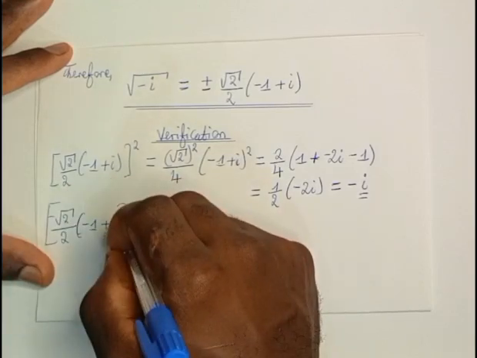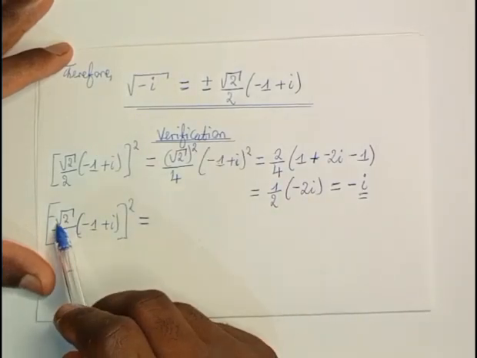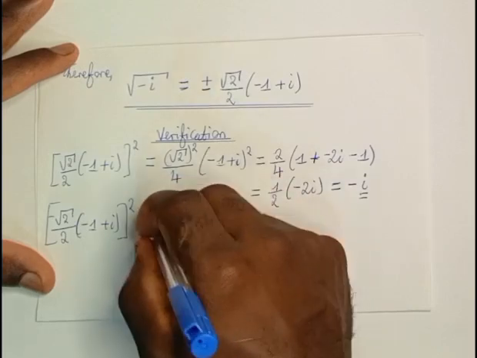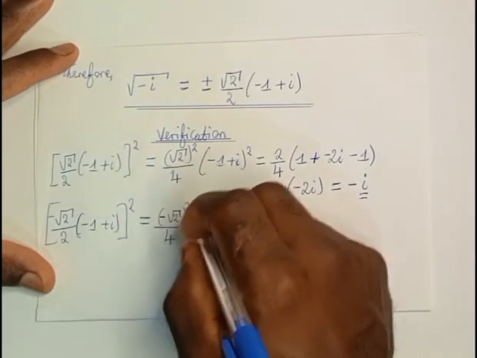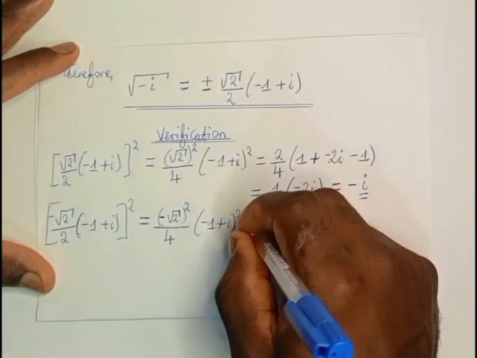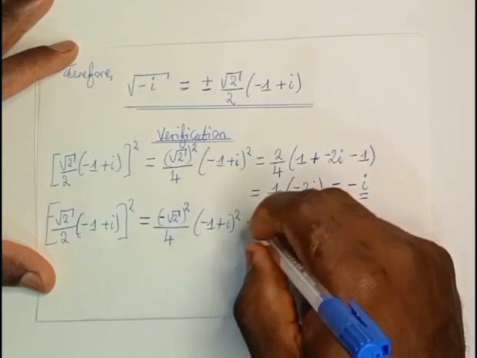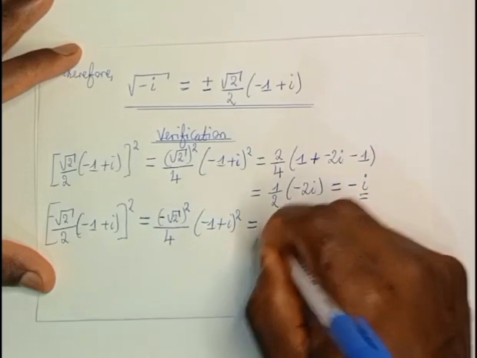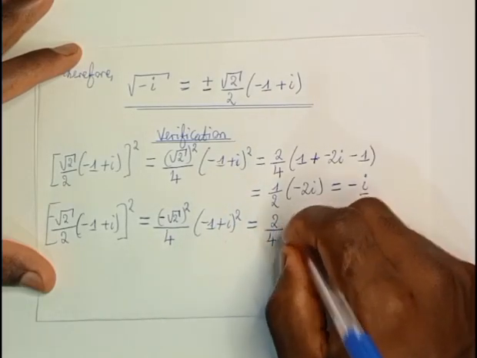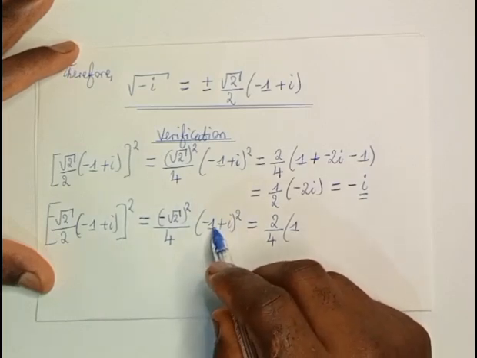We have to square this. This will simply be equal to negative root 2 squared, all this squared over 2 squared, which is 4, times negative 1 plus i squared. This will simply be equal to negative root 2 squared gives us 2 over 4 times negative 1 squared gives us 1, plus 2 times negative 1 gives us negative 2.